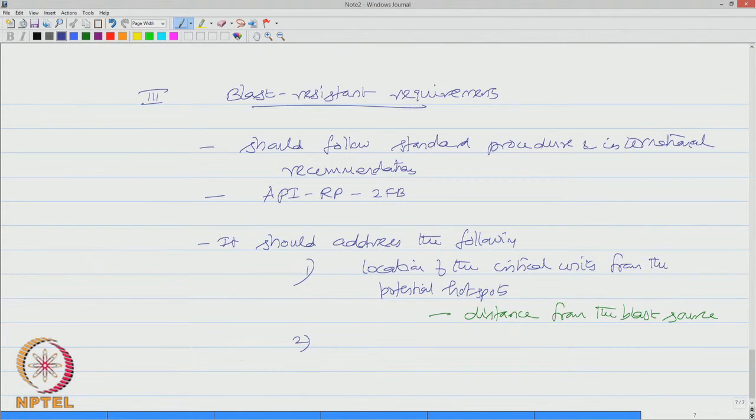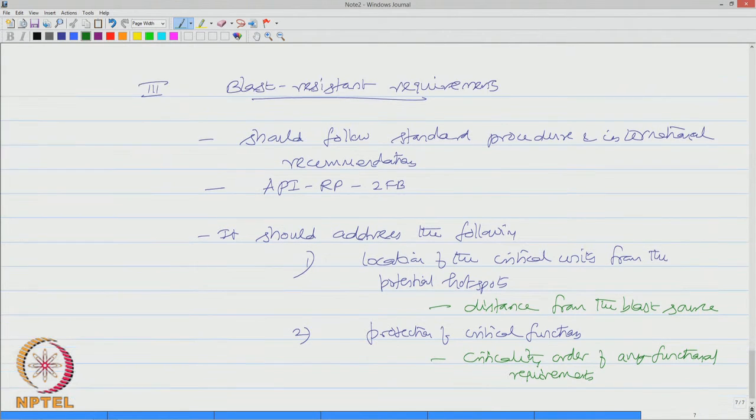The second factor could be protection of critical functions, because criticality order of any functional requirement is also another factor which governs blast resistant design.